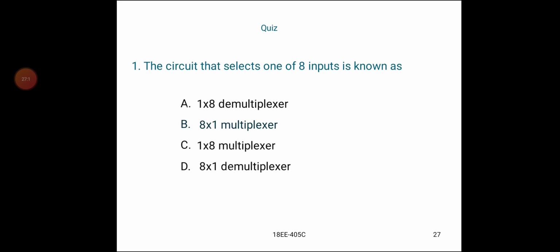Our answer B is correct, an 8 to 1 multiplexer. So here there are 8 inputs and a single output. One of the 8 inputs is connected to the output line depending on the selection line.